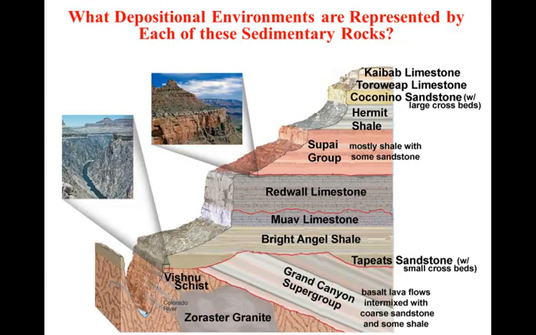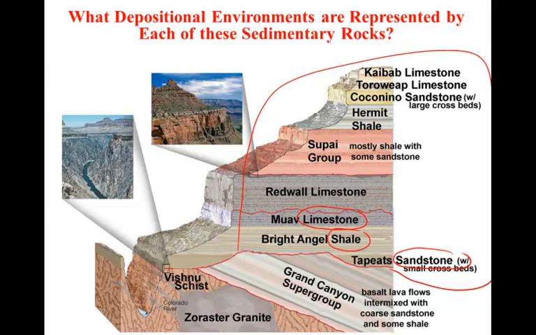Well, as you can see, there's a variety of different types of sedimentary rock layers represented in the sequence deposited on the passive margin. We have sandstones, we have shales, we have limestones, different types of sedimentary rocks forming in different types of depositional environments.